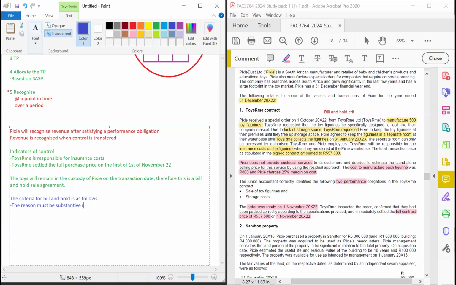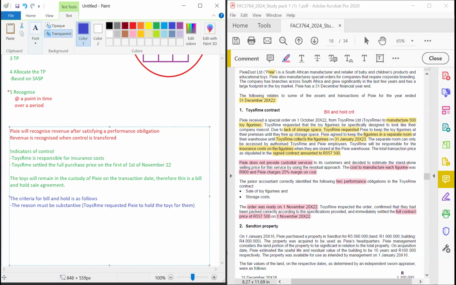So Treasury requested Pixie to hold the toys for them. So that's what you could write. You don't need to write a long paragraph, but this will ensure that you get your marks, right?